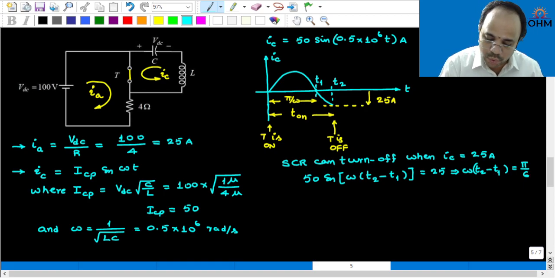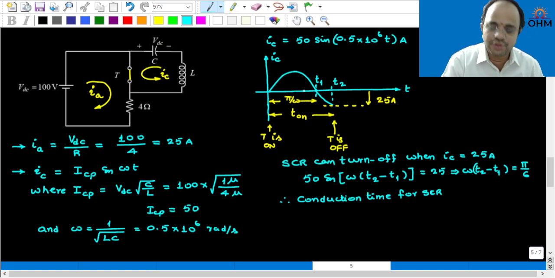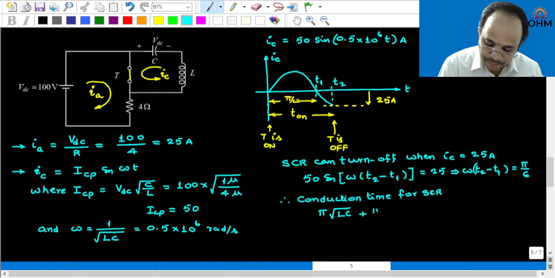Therefore, what is the total conduction time for the SCR? From 0 to T1, it is pi by omega, or pi into root of LC, plus from T1 to T2, pi by 6 divided by omega.